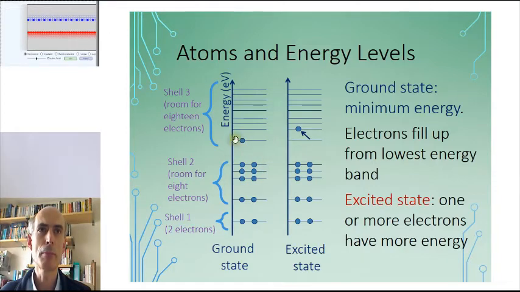This atom here has shell 1 full, shell 2 full, and 1 electron in shell 3. So shell 3 is the highest energy shell which has an electron in it in the ground state, and that makes this a period 3 element. It has 1 electron in its outermost shell, and that puts it in group 1.